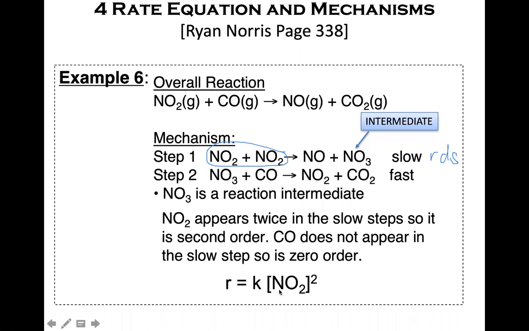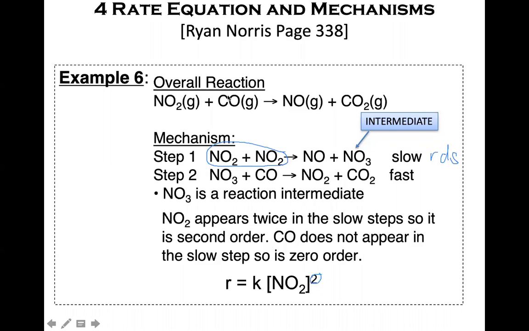So if you look at your rate equation, rate equals k, which is the rate constant, times 2 lots of nitrogen dioxide. That's all you have. That's second order, because you have 2 molecules of nitrogen dioxide reacting with each other. That's why it's second order.